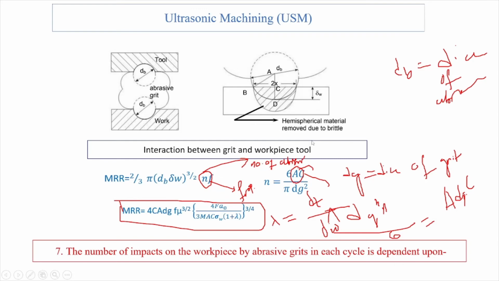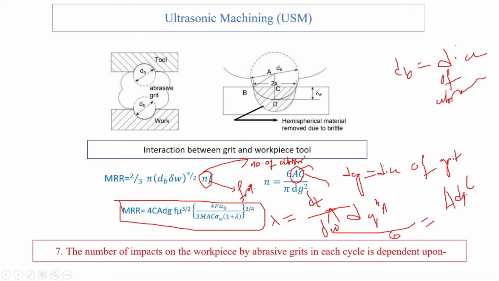That is why the horn plays a great role in amplifying the transducer output, to reach the required amplitude in the range of 15 to 50 micrometers. It also accommodates the tool at its tip.